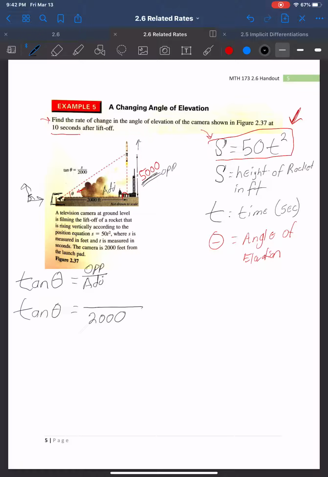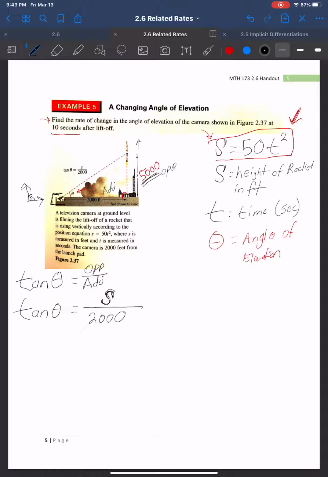But that numerator does change, right? It doesn't stay at 5,000. The rocket's only 5,000 feet up in the air 10 seconds after liftoff. So we're going to leave this S, because that does change. Now we have the relationship that we're looking for.